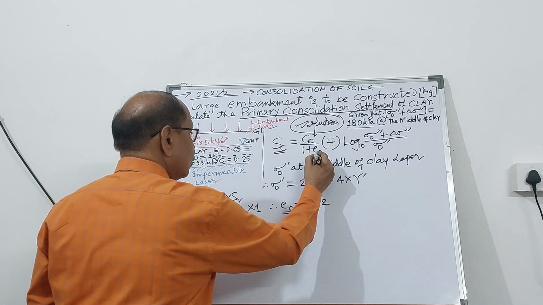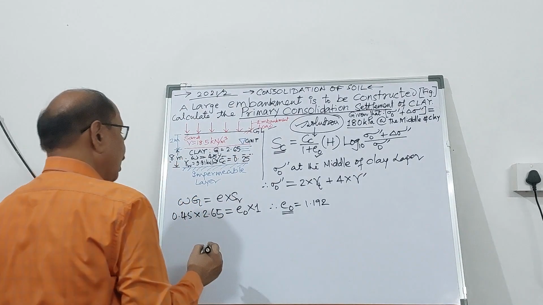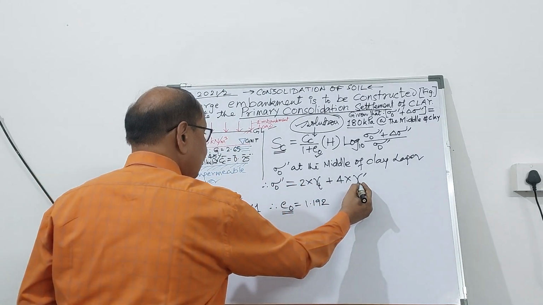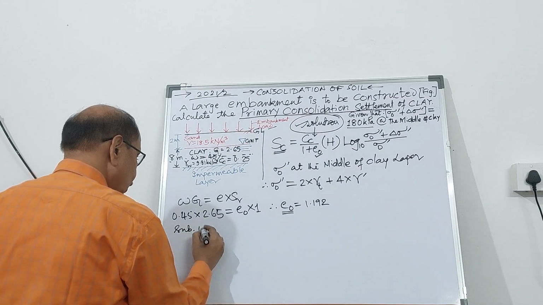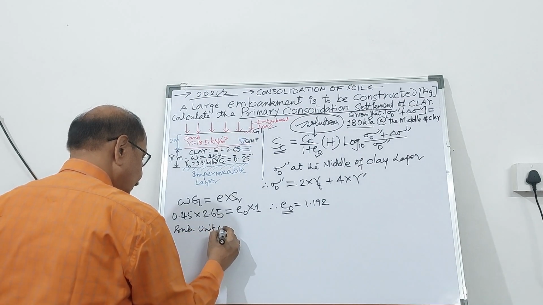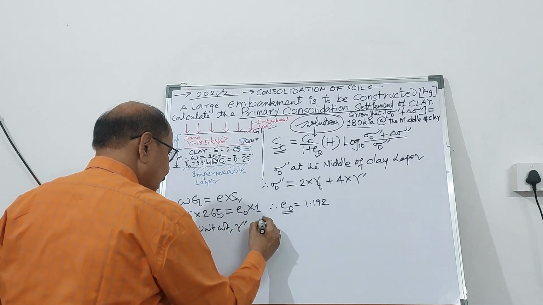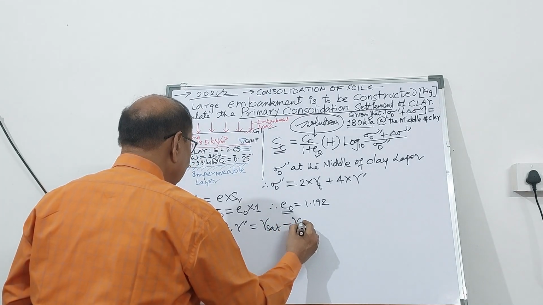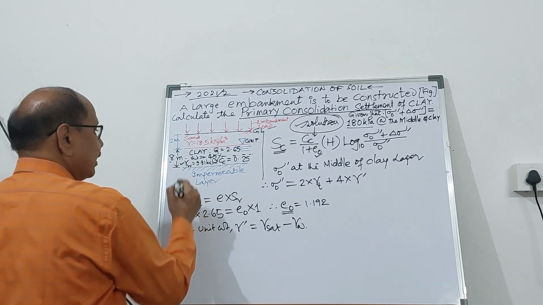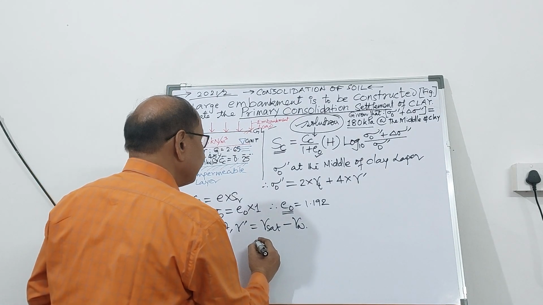So e naught is known to us. The value of Cc is given to me. Now, to compute this submerged unit weight, gamma prime will be gamma saturated minus unit weight of water, and unit weight of water is given over here. So what is the saturated unit weight?